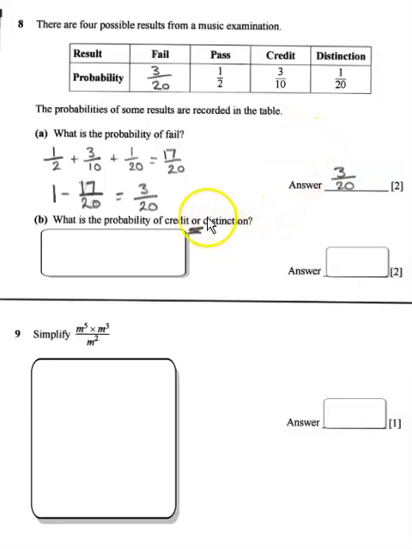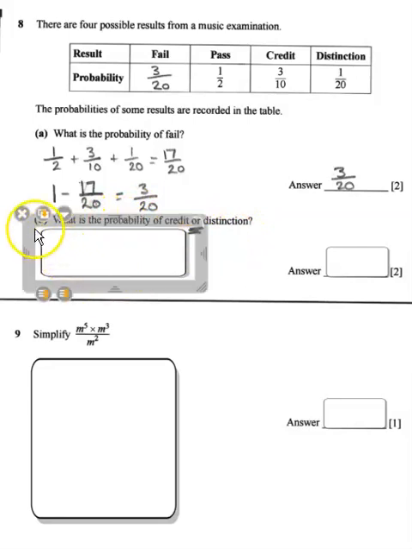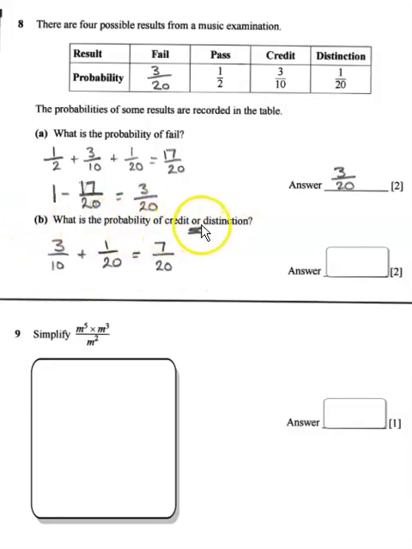Okay, so what is the probability of credit or distinction? When it says or, you're adding credit or distinction. Credit is 3 over 10, we put it there, and distinction is 1 over 20, which we put there. We add it up, key into calculator, and you'll get 7 over 20.